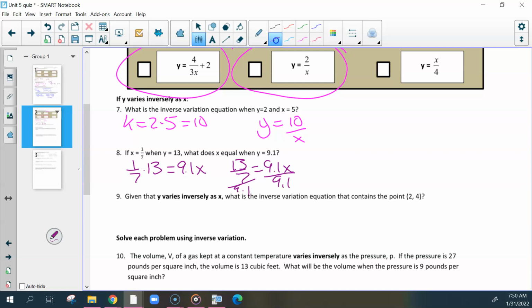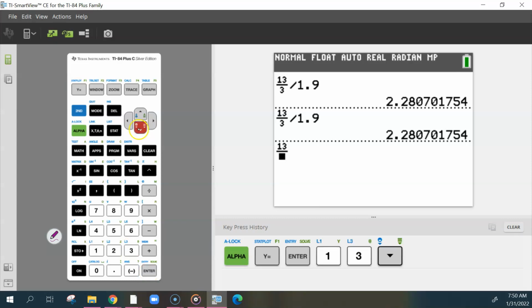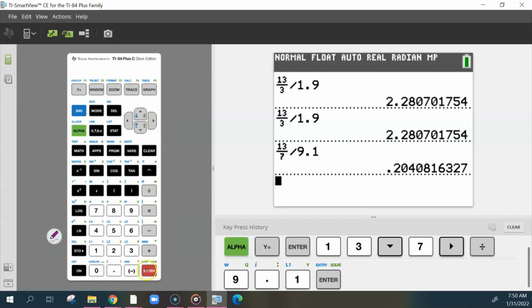If you were doing that in your calculator, I would make the 13/7 a fraction, and then just divide it by 9.1. So not that, but it's close to it. And then 0.2, 0.204, any of those would work.